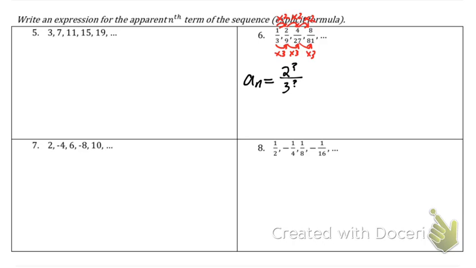Well, if we look at a sub 1, our very first one, so let's just say a sub 1. What do I need on top on a sub 1? I need a 1. And 2 to what power gives me 1? Yes, 0, thank you. I know it's rough.